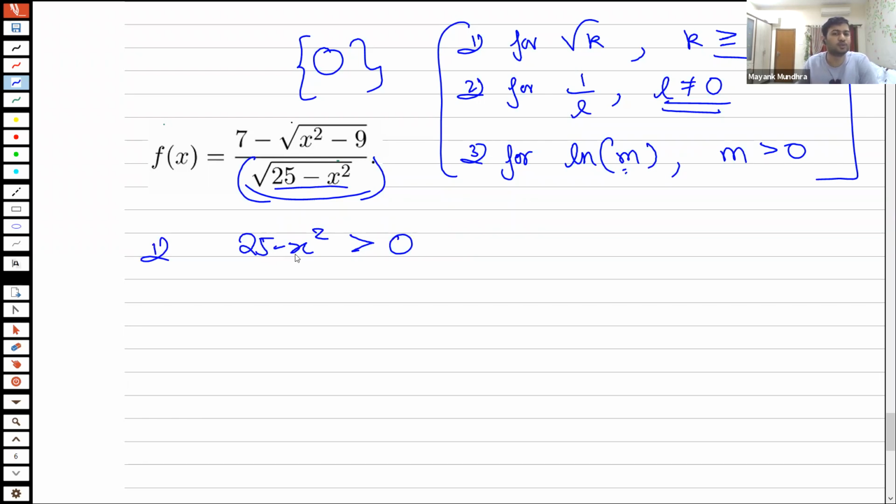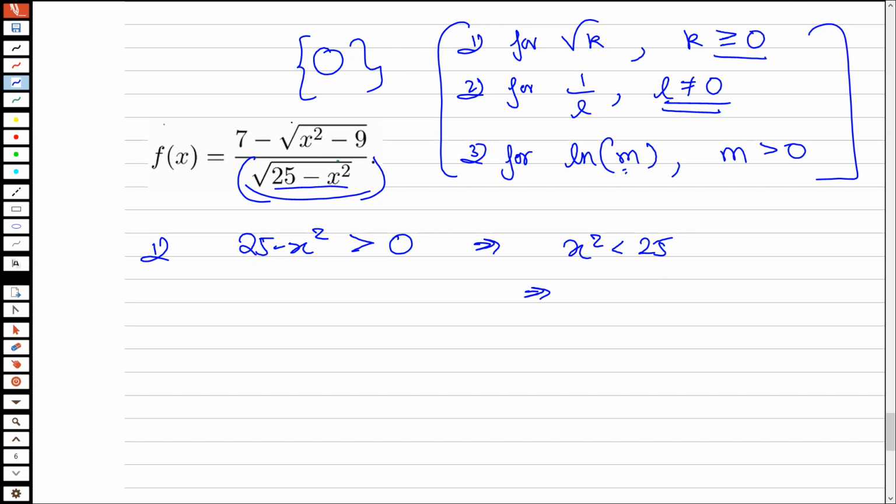So 25 minus x square has to be strictly positive, which means that x square should be strictly less than 25. Okay, now x square less than 25 means what? Which set satisfies this condition? X is between -5 and 5.